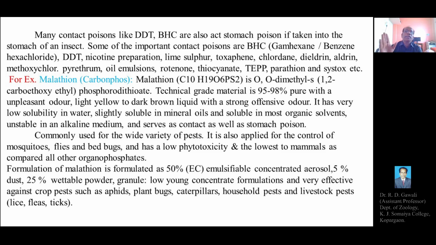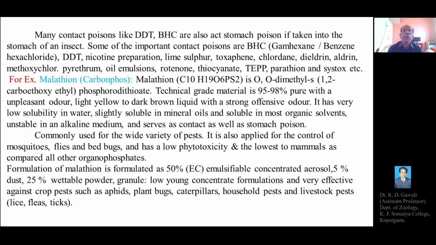Whenever DDT or BHC enter the digestive tract through contaminated food materials, they can also produce a toxic effect as a stomach poison and lead to the death of the insect pest.